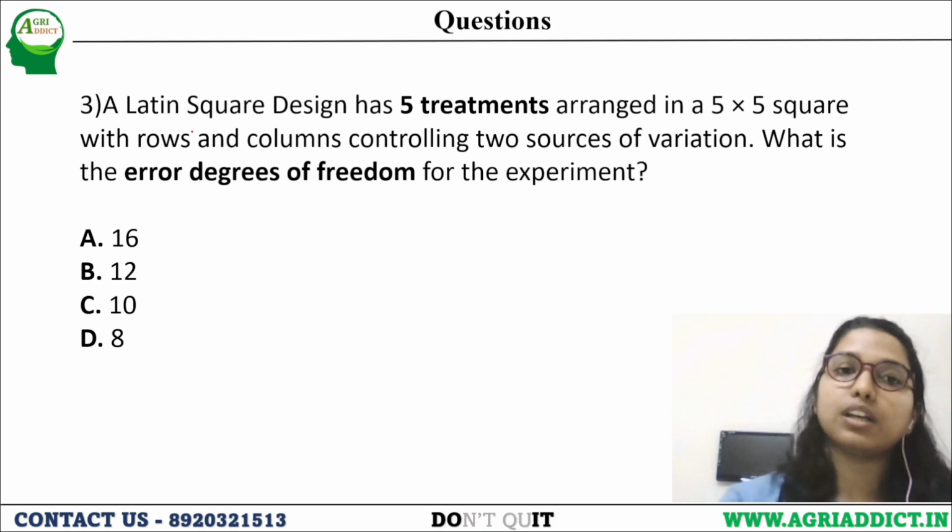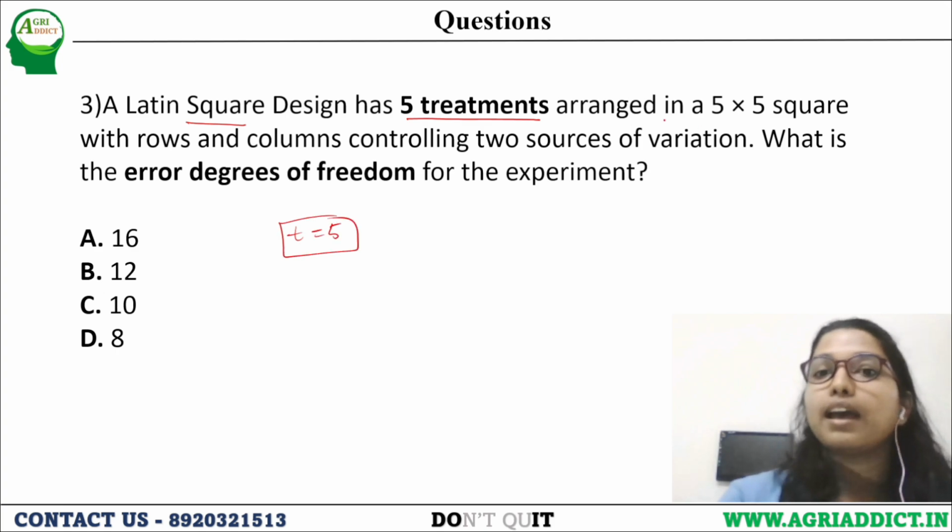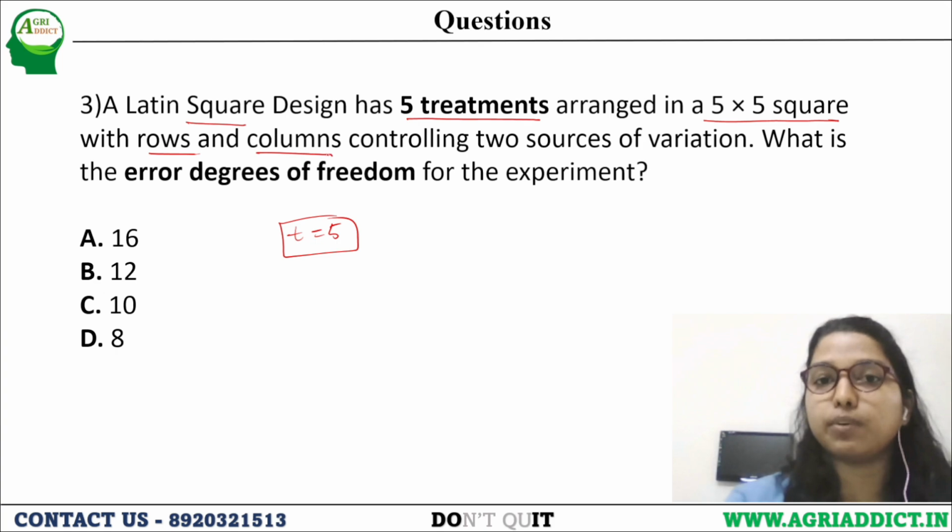Now comes the Latin square design. It has 5 treatments. So we have been given treatment equals 5, in a 5 into 5 square, with rows and columns. So 5 rows will be there, 5 columns will be there, controlling 2 sources of variation. What is the error degree of freedom for it?